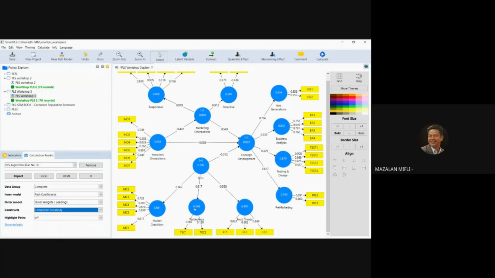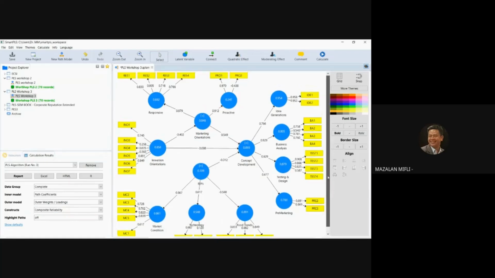So if you look down here, there is the composite reliability, the CR. The value is not even reaching 0.7, the minimum threshold. It shows that, but we know this one is 0.12. So if you were to delete, then we only have one indicator.